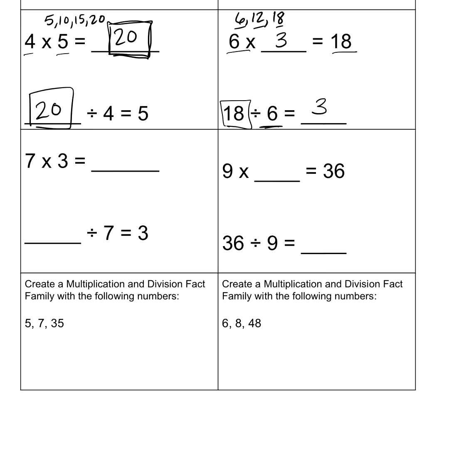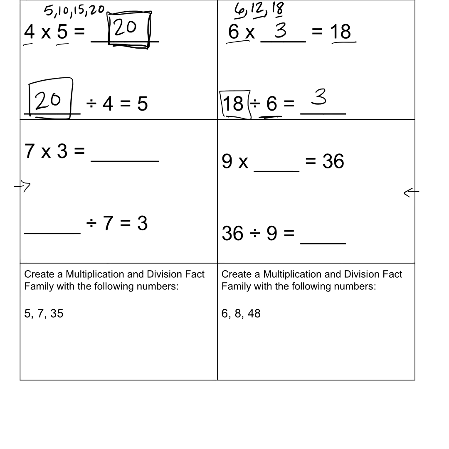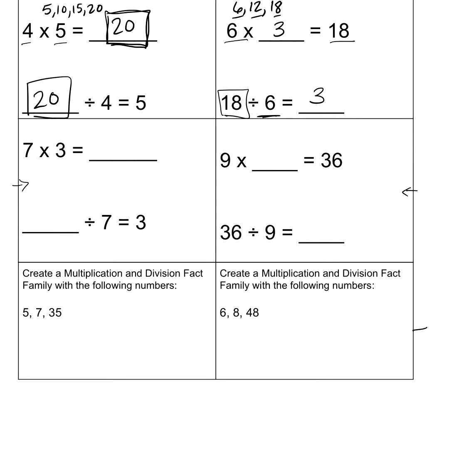I want you all to practice this one and this one on your own. So fill in the blanks and figure out the relationship. And then I also want you all to do the fact families for 5, 7, and 35, and 6, 8, and 48. Here's a hint: I'm going to give you the first one for all of them. 5 times 7 equals 35, but check my work and make sure I'm right.